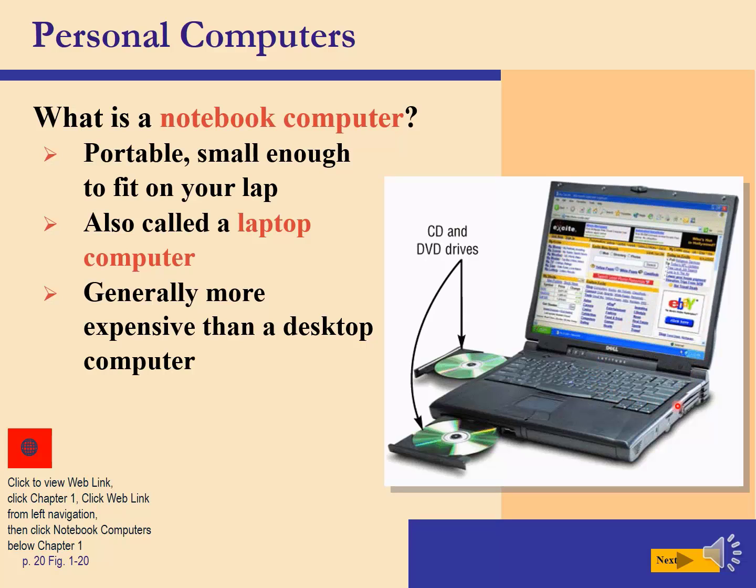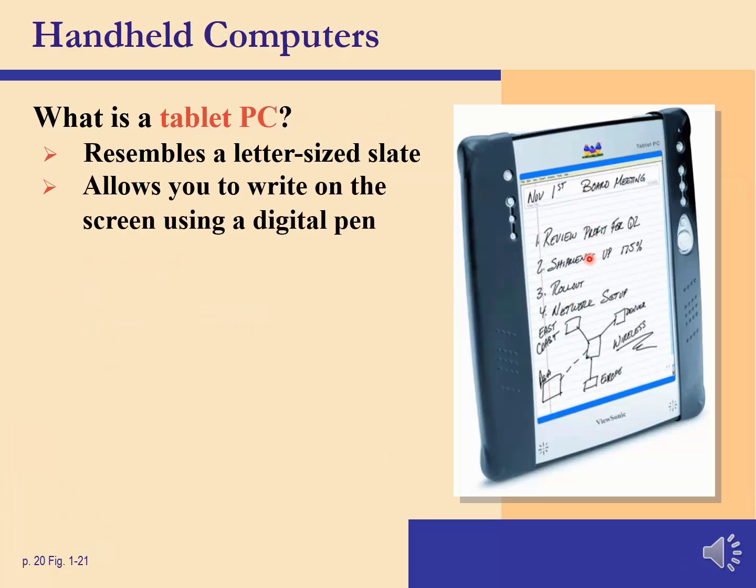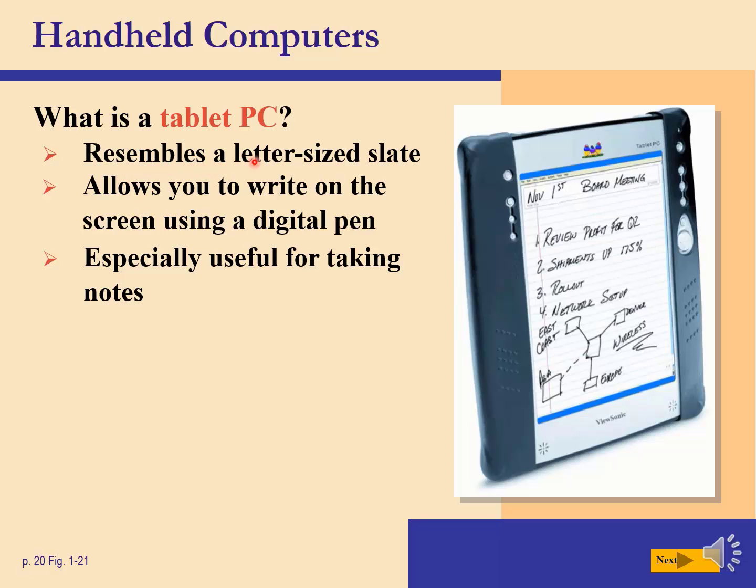It's also called a laptop computer, generally more expensive than a desktop. And also, what is a tablet PC? A tablet PC is like in these pictures, of reasonable small size, and allows you to write on the screen using a digital pen, especially useful for taking notes.